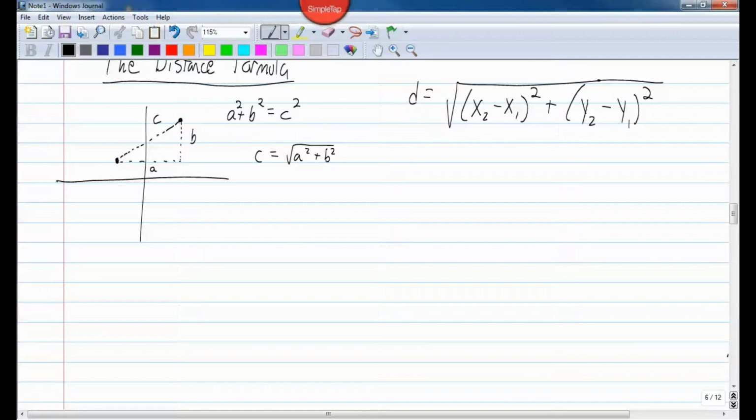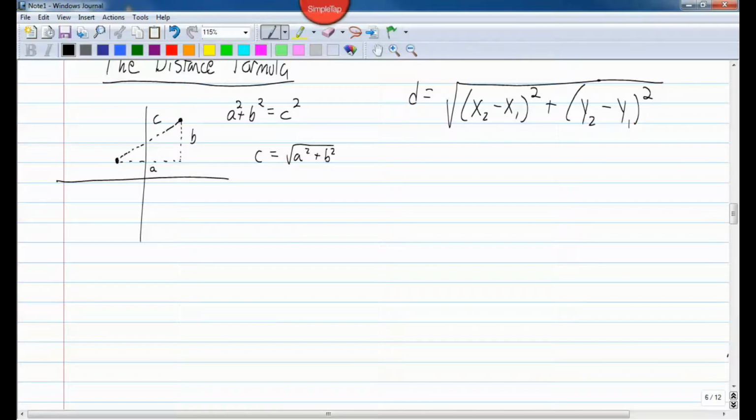Because what is x sub 2 minus x sub 1? It's the length of this side of the triangle I have drawn. What's y sub 2 minus y sub 1? It's the length of this side, the height of the triangle I have drawn. So it's the same thing. It's just we have different variables. We have points, so we plug those points in.